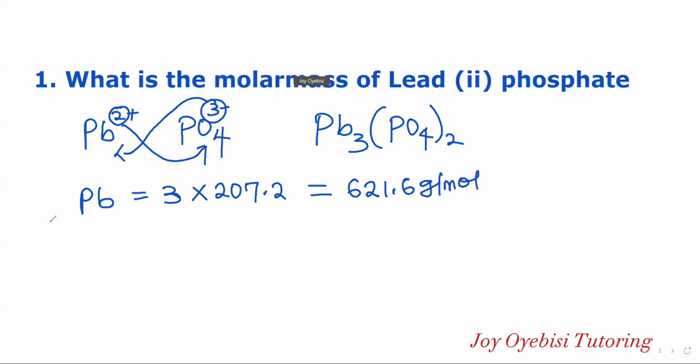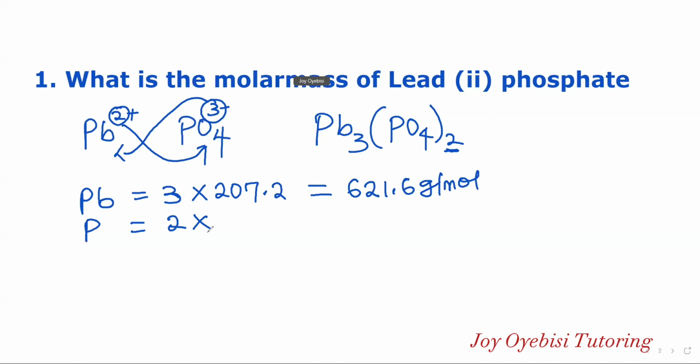Now, next, we have phosphorus. This 2 in brackets affects everything in the brackets. So that means you have two phosphorus. So the next step would be to multiply that 2 by the mass of phosphorus.